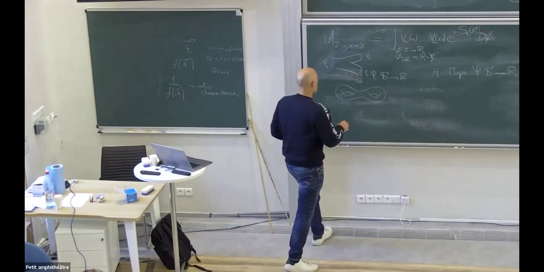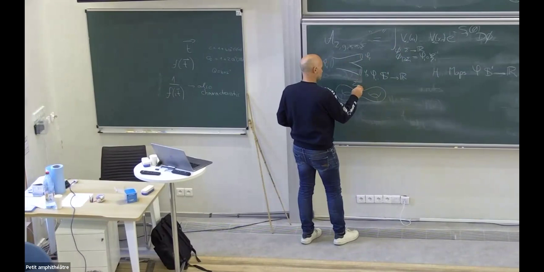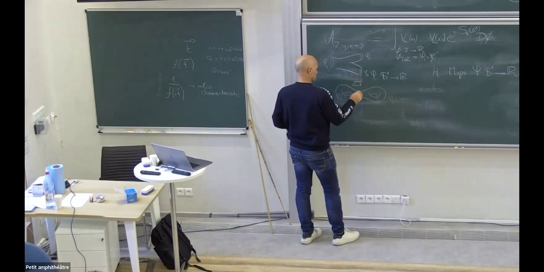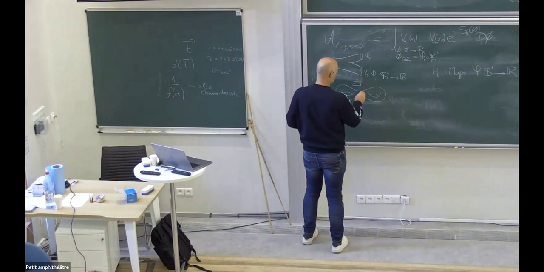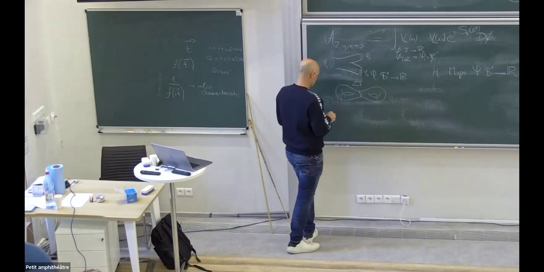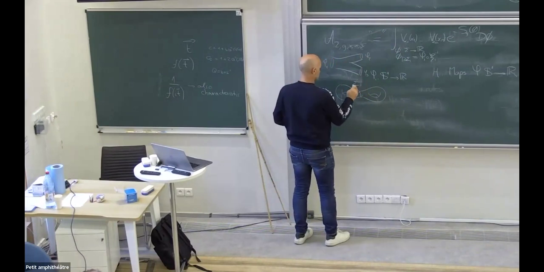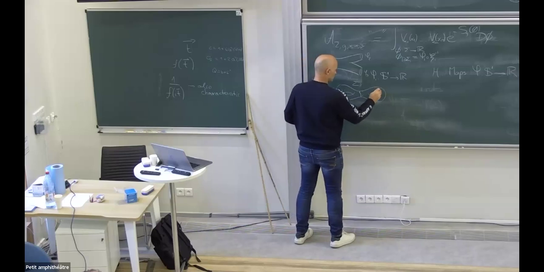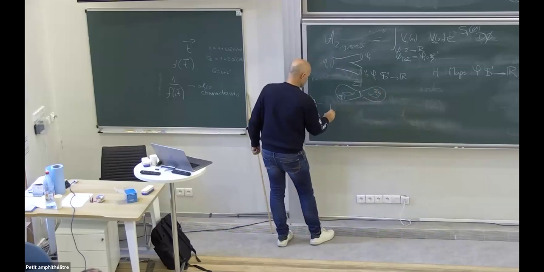And why do you want to do this? Because if you have a surface sigma that you cut with a curve to split your surface into 2 components, sigma 1 and sigma 2, you can look at the path integral.